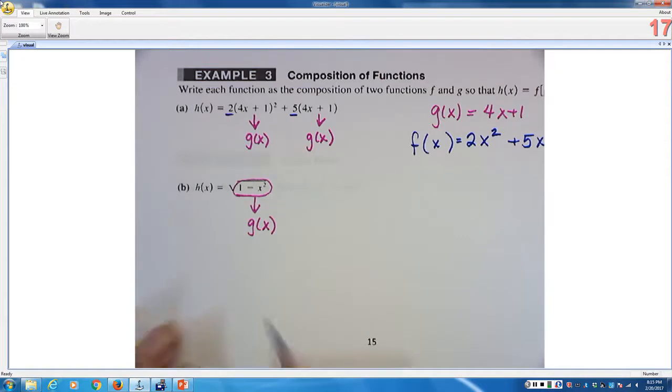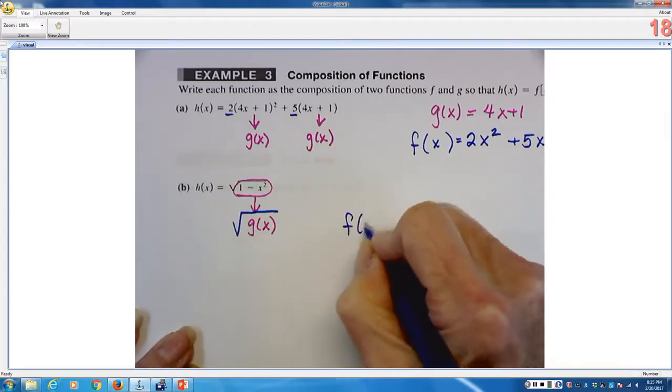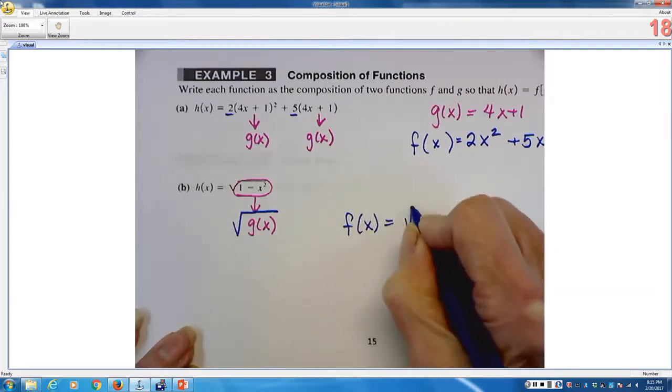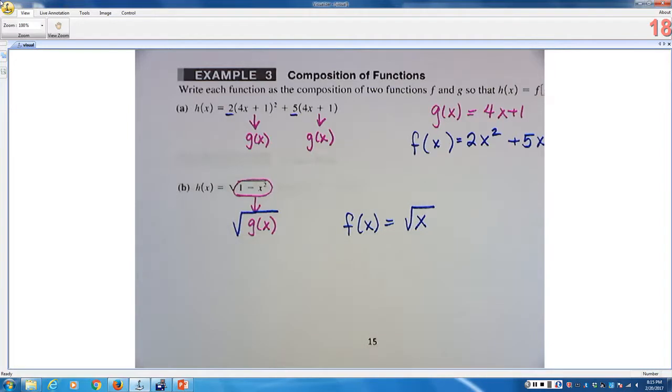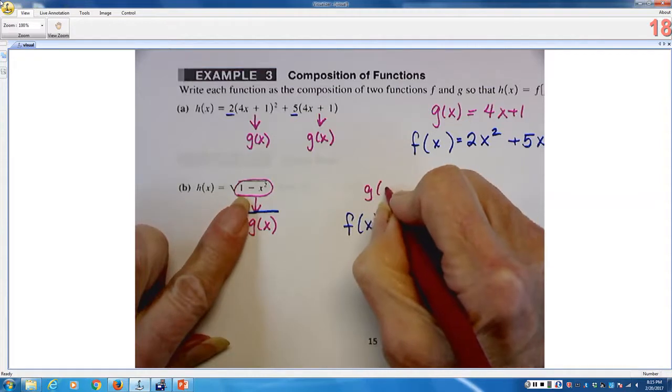And what's being done to g of x is that square root. So f is the square root function. And g of x is what's taking the place of x.